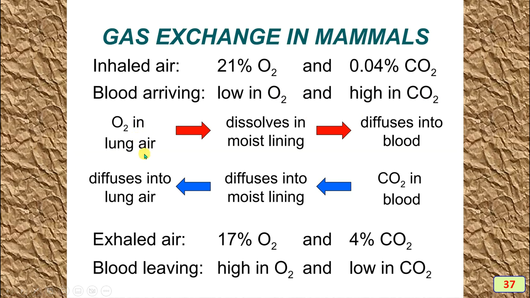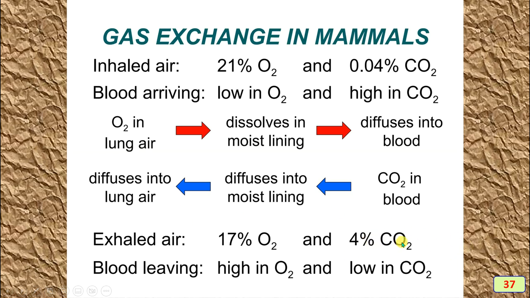So the oxygen in the lung air dissolves in the moist lining, then diffuses into the blood, whereas the carbon dioxide in the blood diffuses through the moist lining into the lung air and is exhaled. Compared to the inhaled air, exhaled air contains 17% oxygen, meaning 4% is absorbed, and the exhaled air contains 4% carbon dioxide.